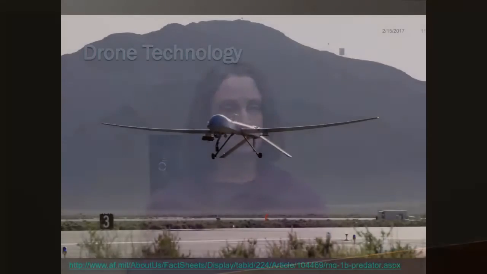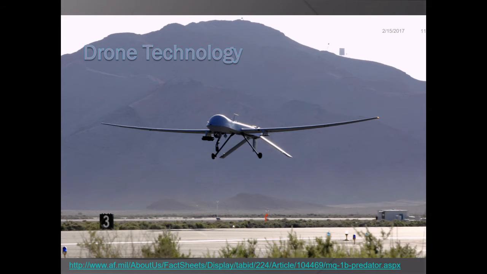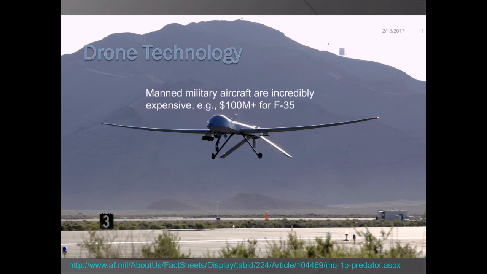Now, the motivation for this new manufacturing and design concept is fairly self-evident. If we look at manned military aircraft, I'm sure all of us know intuitively that these are incredibly expensive. So one of the figures that I found said that, for example, for an F-35, we're looking at over $100 million.